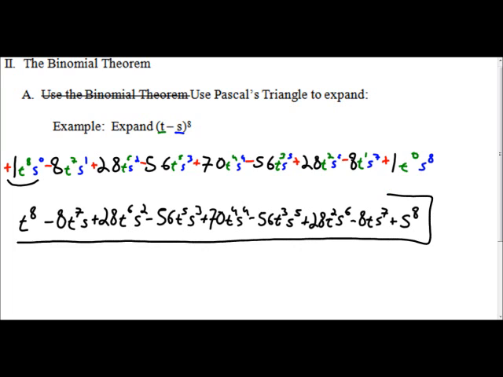And this would be our total expanded binomial then, alternating plus and minus throughout each one.